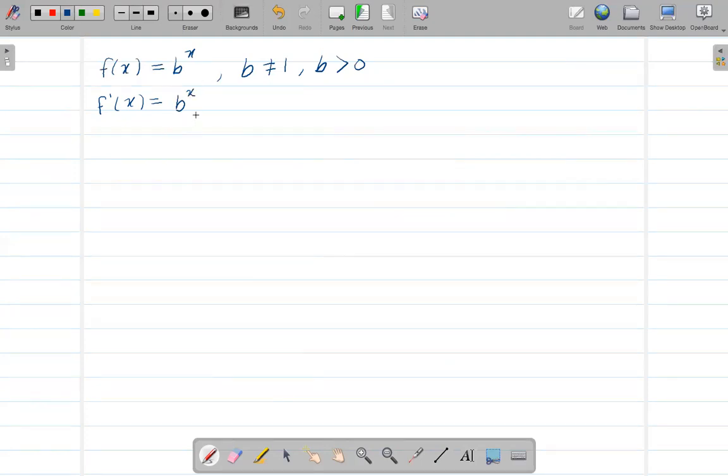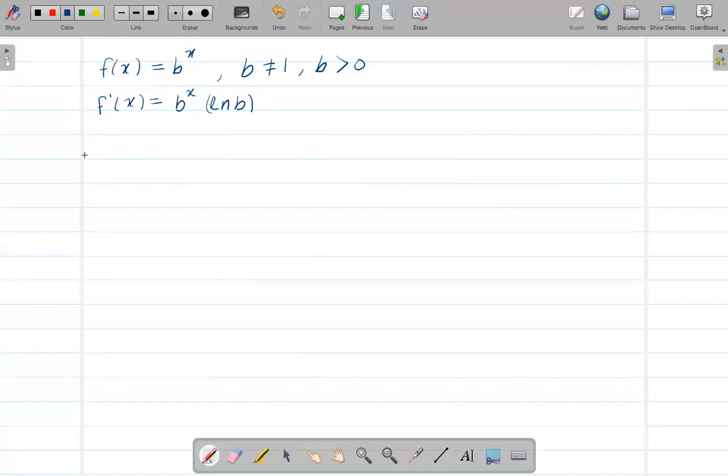The only extra thing we're going to have here is the natural log of whatever the base b is. This is similar to the derivative of e to the power x. So the derivative of this thing is the same thing times the natural log of the base b.